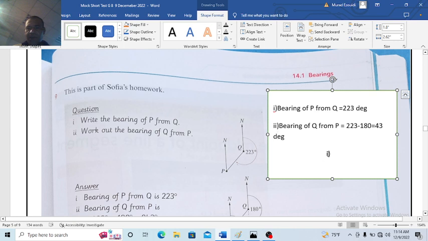Okay, now it's clear, my kids. At least it's clear for you how you can find the bearing of an angle.